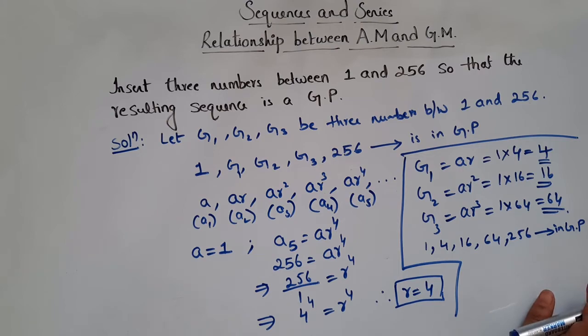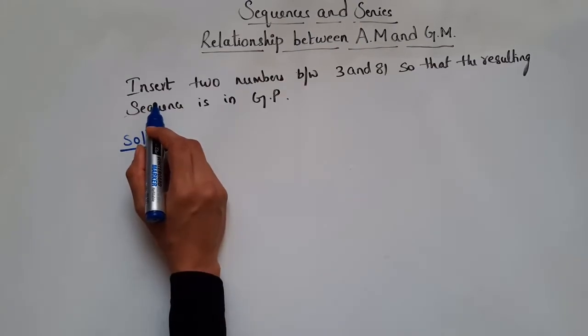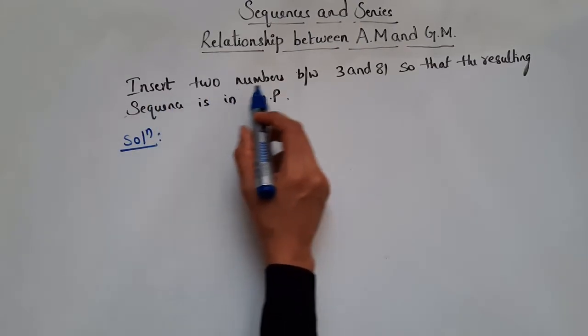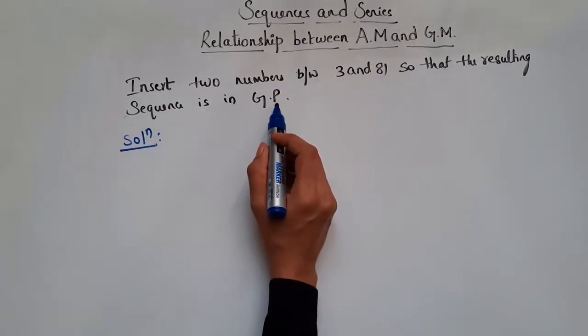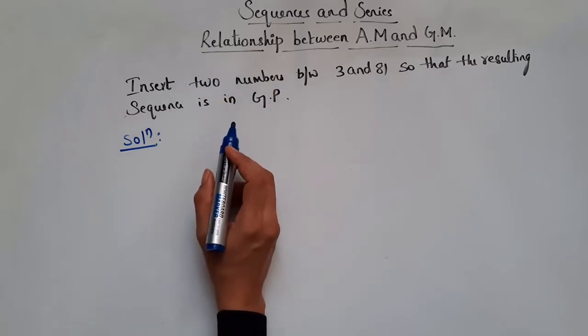Now let's move on to next problem. So now let's see similar type of problem. Here it says insert two numbers between 3 and 81 so that the resulting sequence is in GP. So let's take those two numbers as G1 and G2.